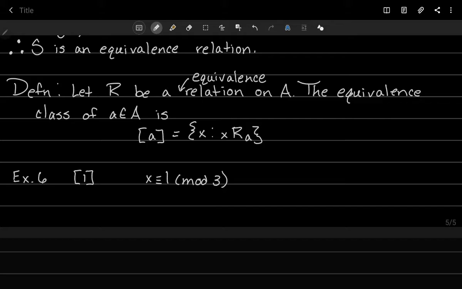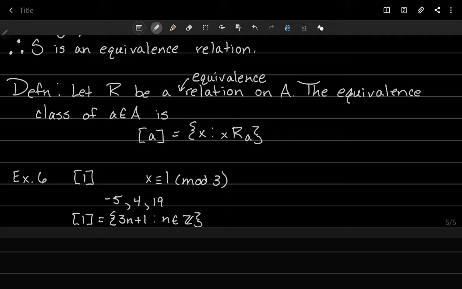So the equivalence class of 1 is going to contain stuff like we saw, like -5 and 4 and 19. Stuff like that all has remainder 1 when divided by 3. In fact, we already said the form these things have to have: things of the form 3m plus 1. We actually already made that connection.